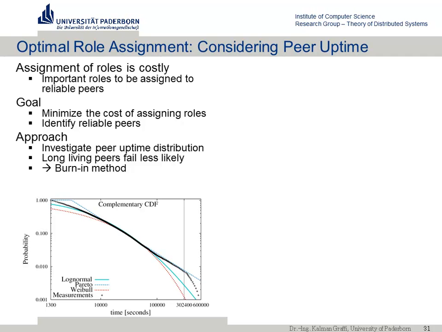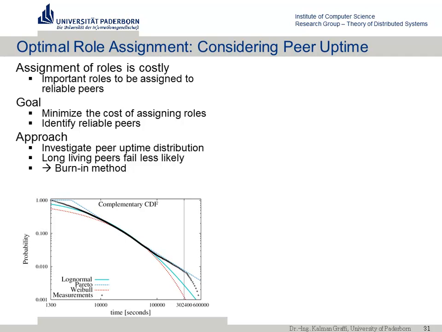One interesting point is still how to assign the roles to the peers, and they directly address this question in their papers. The main idea is to consider the peer uptime. What you want is to have peers remain in the network for a longer time, so that they can perform the roles they are responsible for.